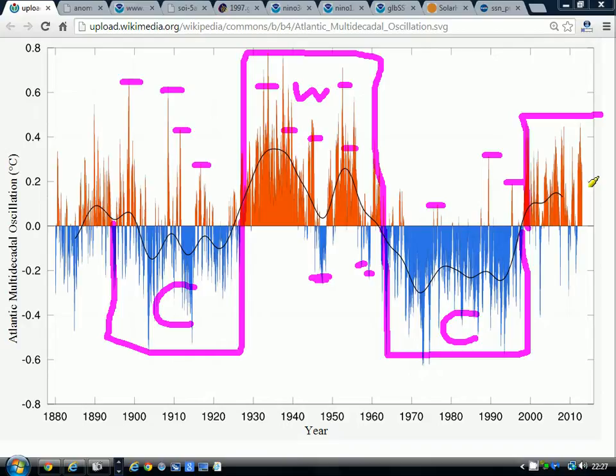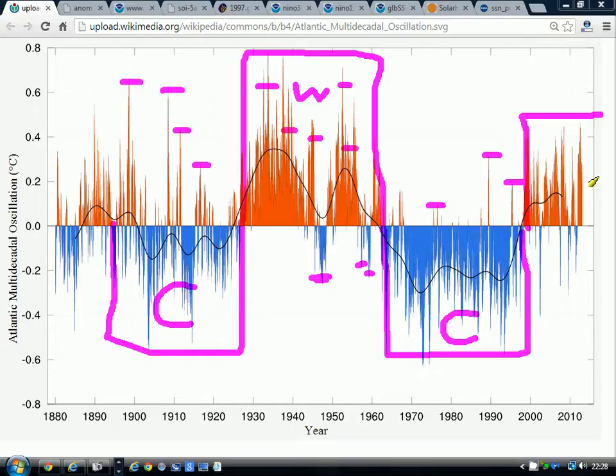So whether the warm AMO would have started earlier than 1995 does have some controversy about it, actually. Perhaps if it hadn't been for Pinatubo going off and cooling down the global temperature for 2 or 3 years, we may have started the warm phase of the AMO a little bit earlier than 1995. Anyway, 1995 is the official year that the AMO started, so we're in that phase.